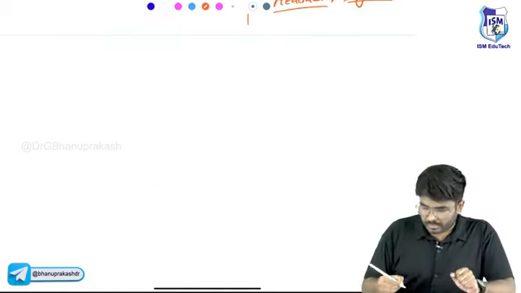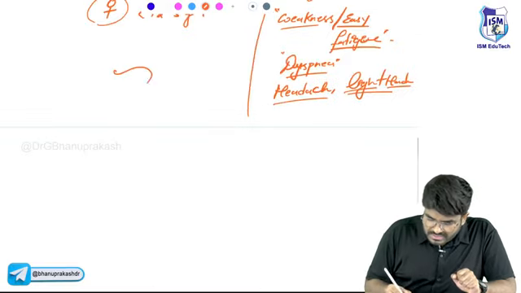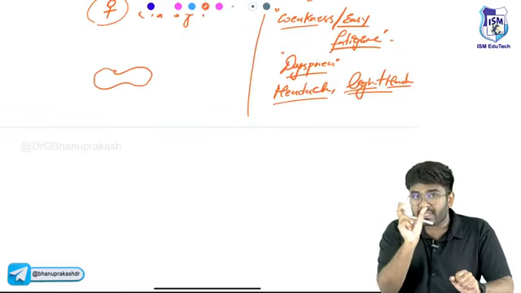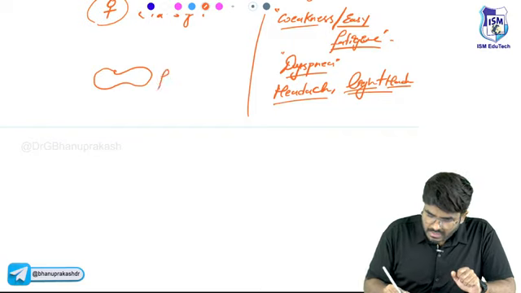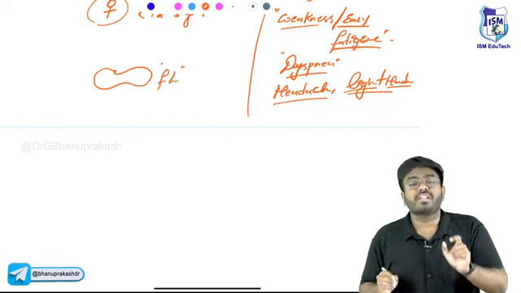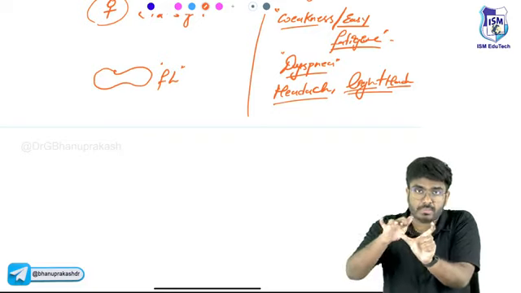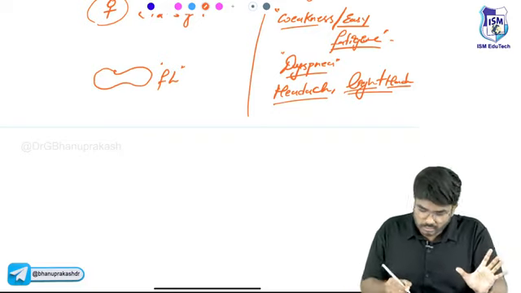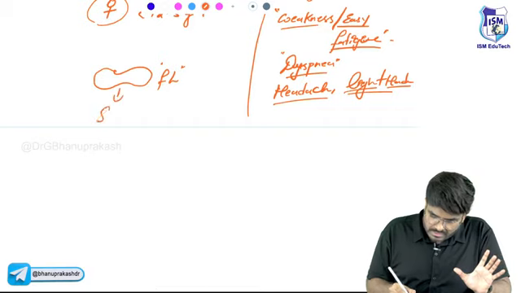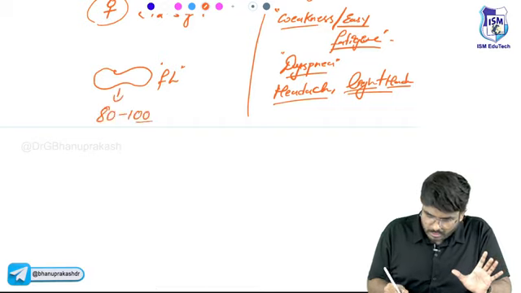Now, how many types of anemia are there? Based on the size of the RBCs. The size, or volume, of the RBCs is measured in femtoliters. The usual size of normal RBCs is 80 to 100 femtoliters.